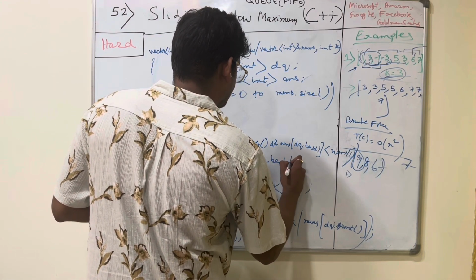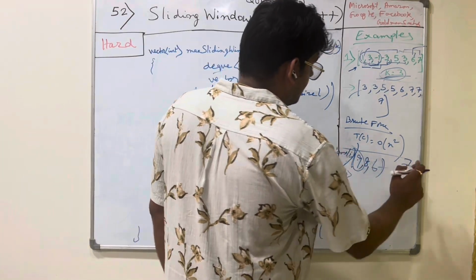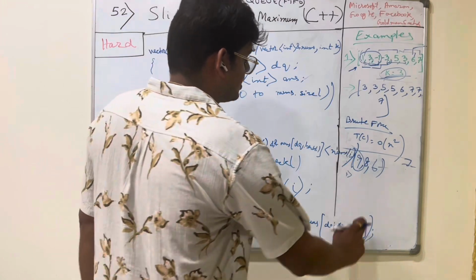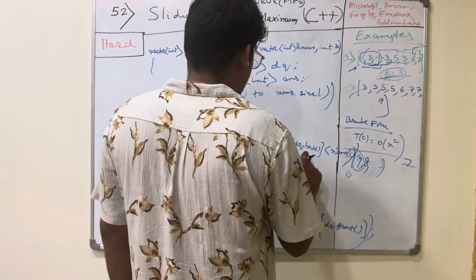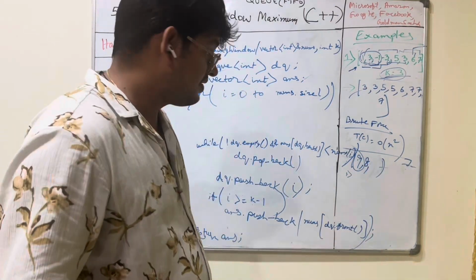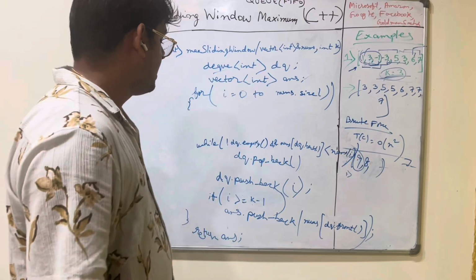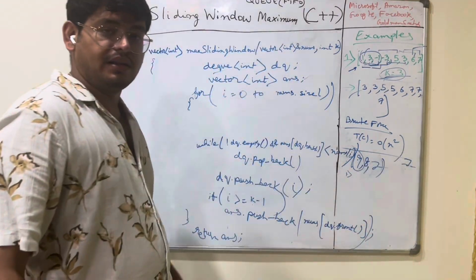What will happen in this case, 9, 8, 6? 6 is less than 7, so we will pop out 6. Now in the back it's 8. Is 8 less than 7? No, it is greater than 7, so we will come out of the loop and then we will push this 7 here. That is the last element that has come here.